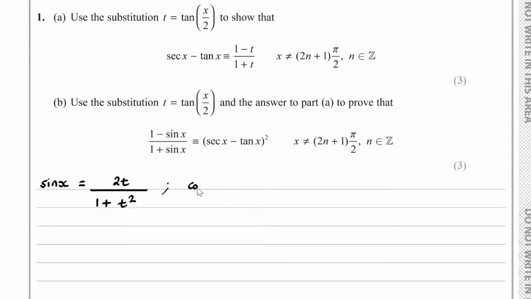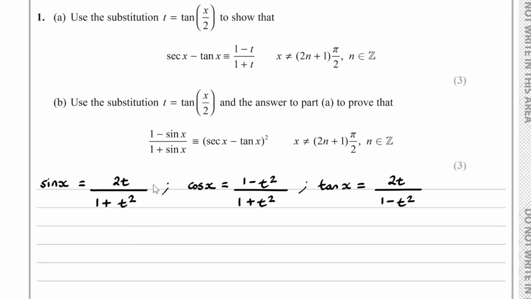Cosine x is equal to 1 minus t squared over 1 plus t squared. And tan x is equal to 2t over 1 minus t squared. These are standard results which you should know.